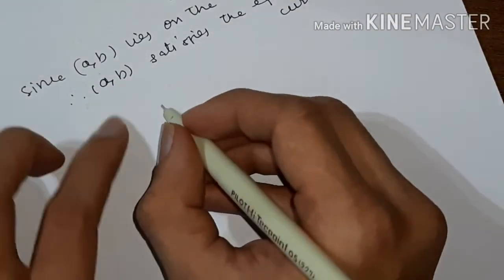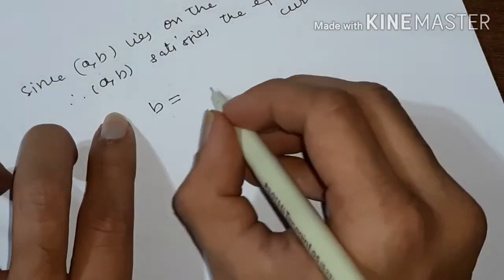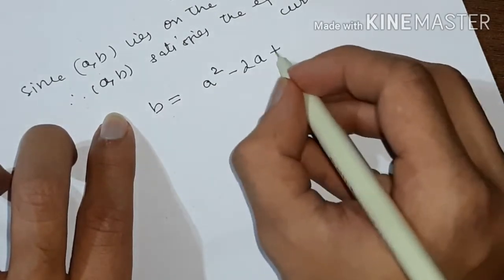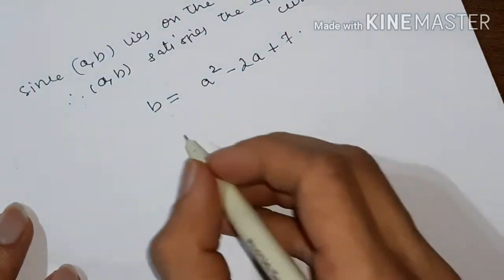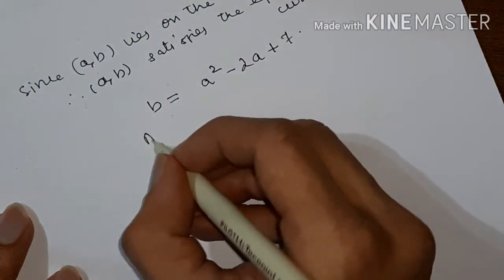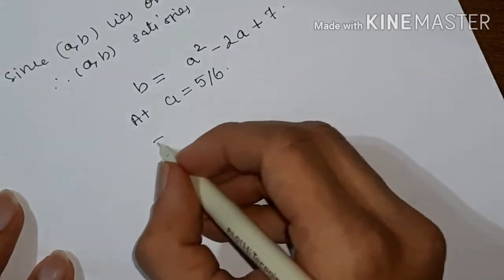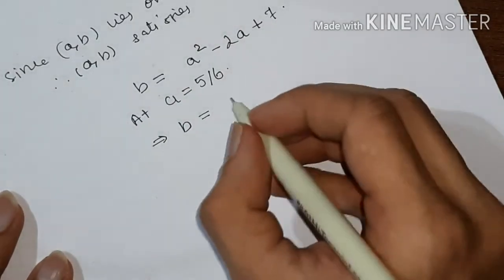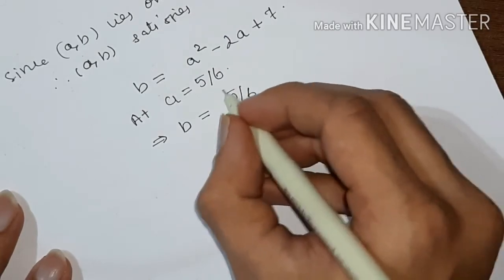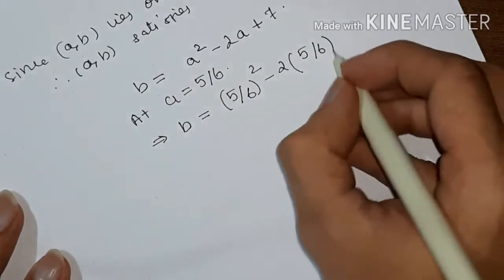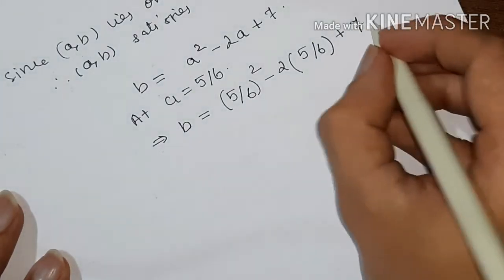So b equals a squared minus 2a plus 7. At a equal to 5 by 6, b equals (5 by 6) the whole squared minus 2 times 5 by 6 plus 7.